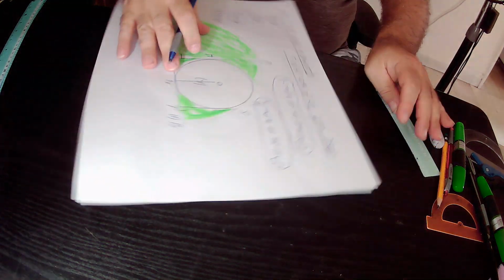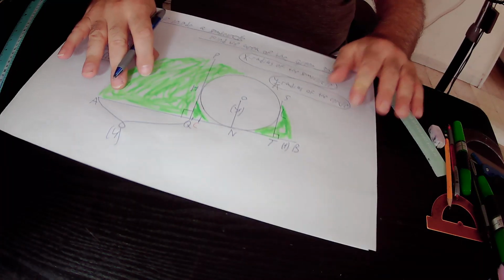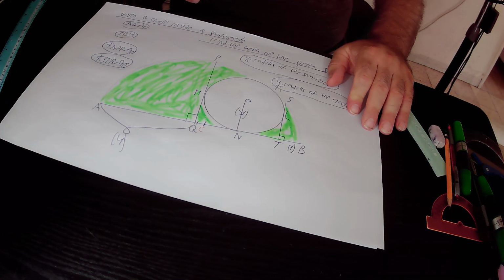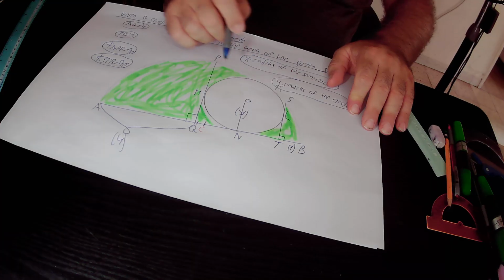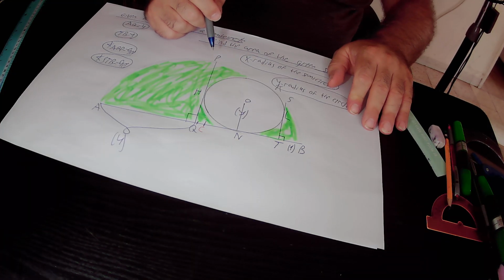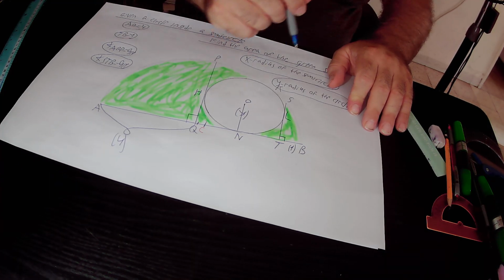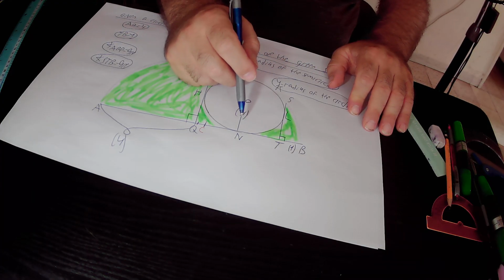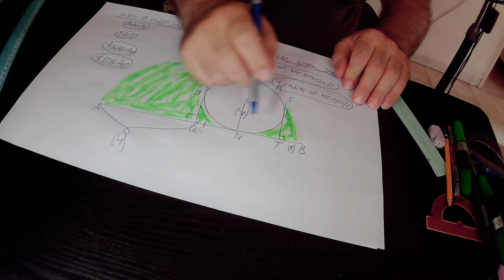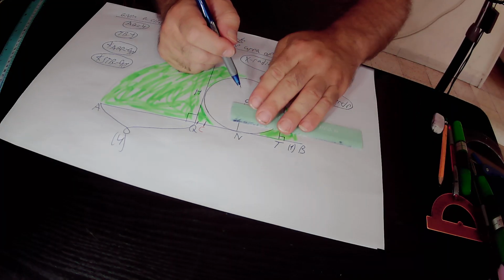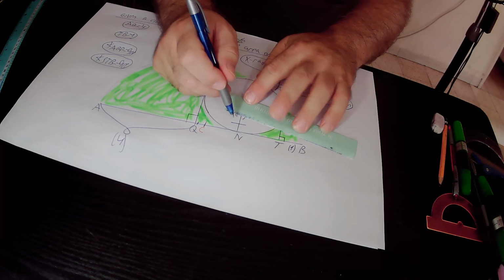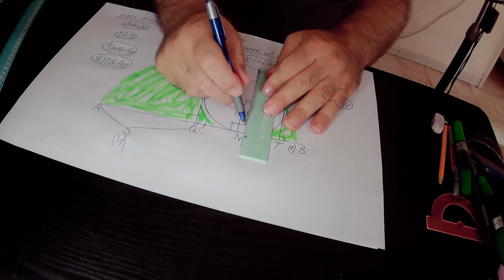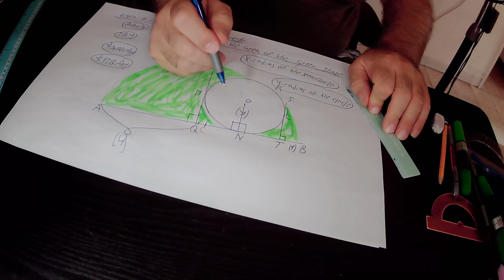The radius ON is drawn to point N, that is the point of tangency of tangent AB with this small circle. And whenever you have a radius drawn to the point of tangency, then tangent AB will be perpendicular to the radius NO. If AB is perpendicular to NO, it means that this angle equals 90 degrees, and this angle also equals 90 degrees according to rule 1.